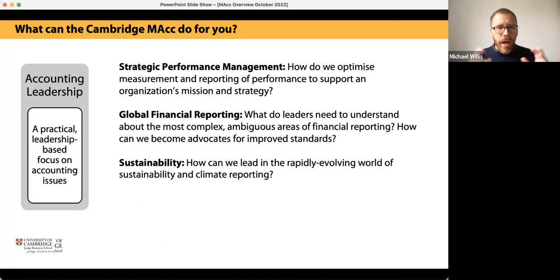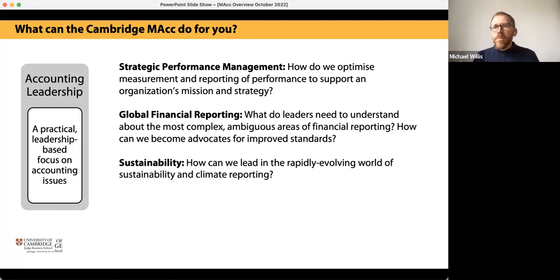For example, in our strategic performance management module, we talk about how do we optimize measurement and reporting of performance internally to the organization? And how do we align that measurement and reporting strategy to support the strategic objectives of the organization? So this is revisiting ideas around management accounting and reporting, but with very much a strategic focus.